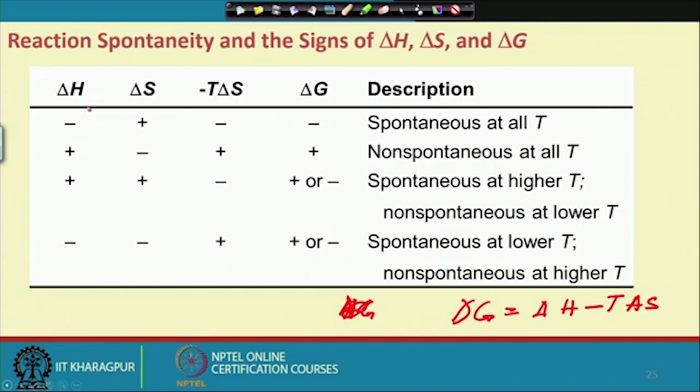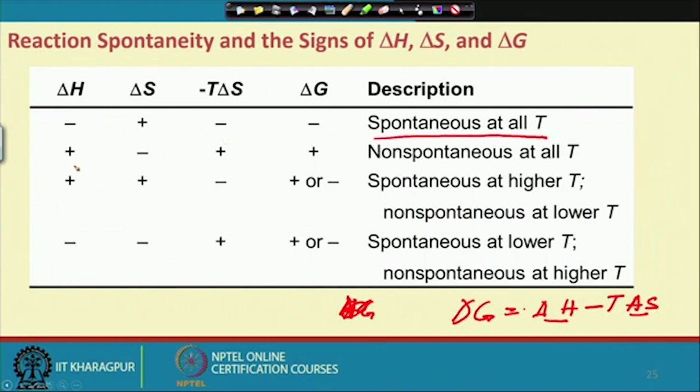If del H is negative and del S is positive, then T into del S is positive, so del G is negative. If del H is negative and del S is negative in the sense explained, the reaction will be spontaneous at all temperatures.